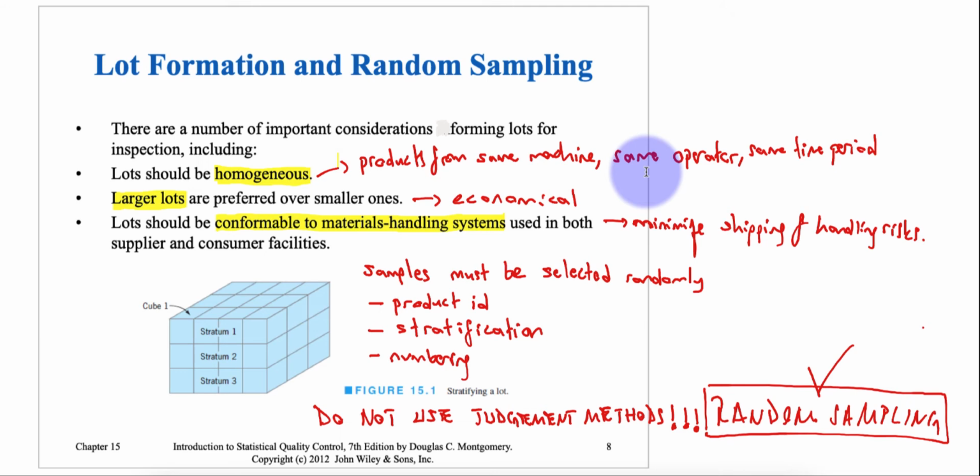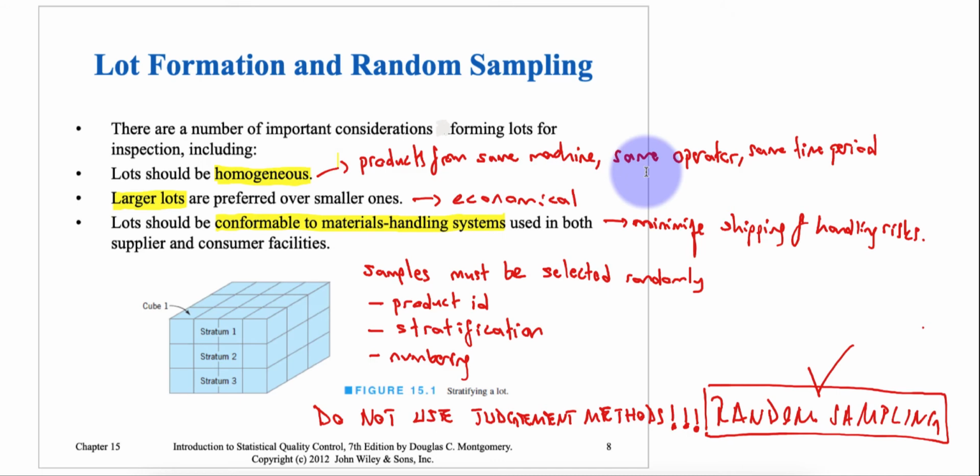To use random sampling, you need to form the lots accordingly, and lots must be homogeneous. It means that the products in a lot must come from the same machines, same operators, or if possible, they must be produced within the same time period.